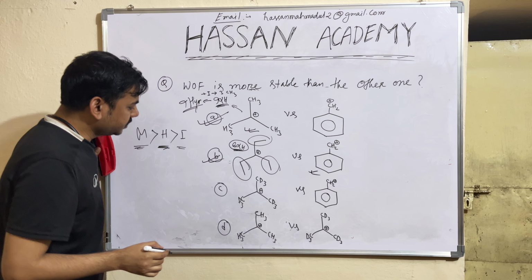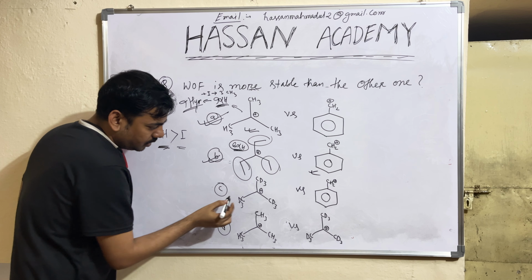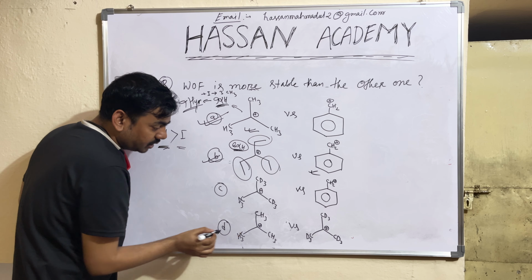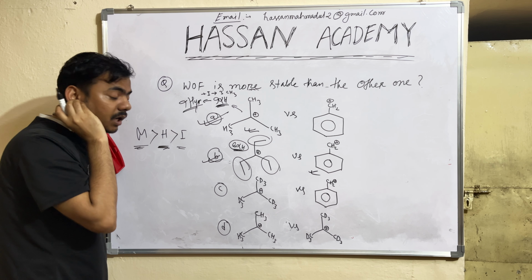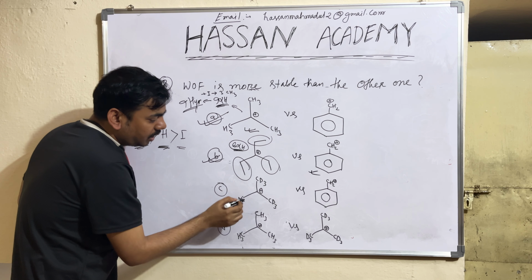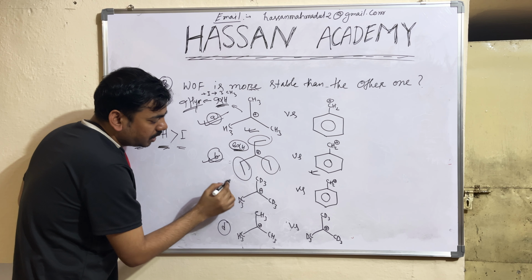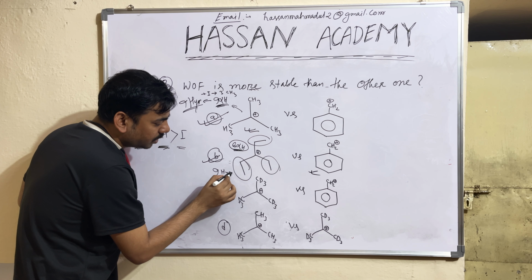Now let's come to option C. Here this is interesting. This is also tertiary butyl, but the hydrogen is replaced by deuterium. Since it is deuterated tertiary butyl, here also 9 times hyperconjugation is there.